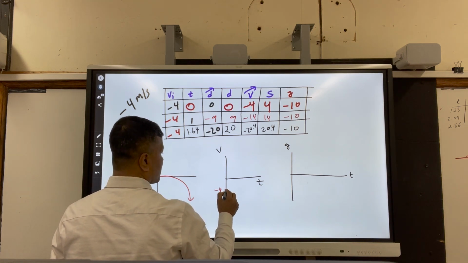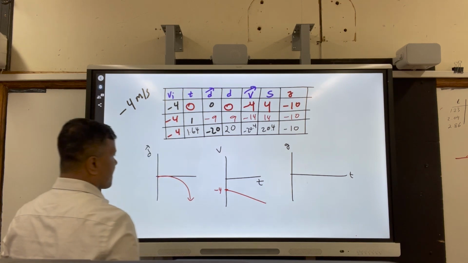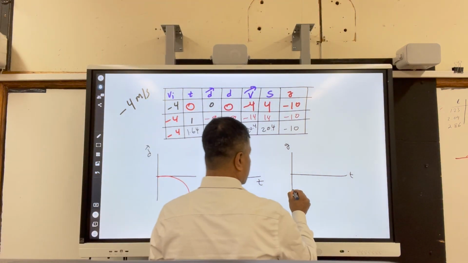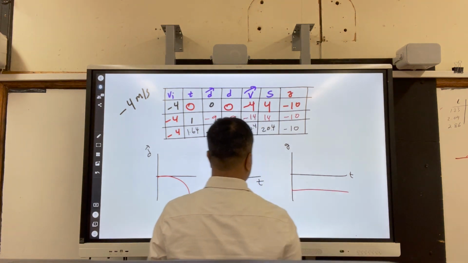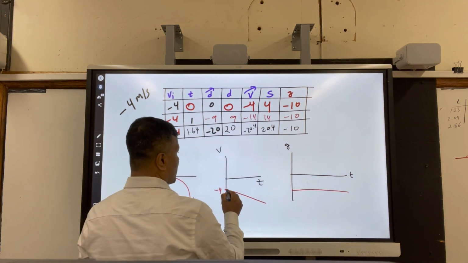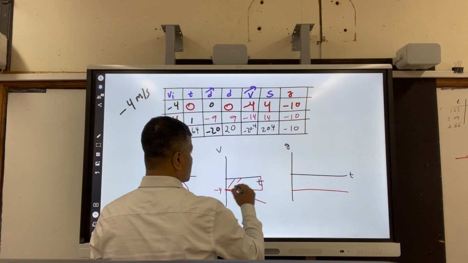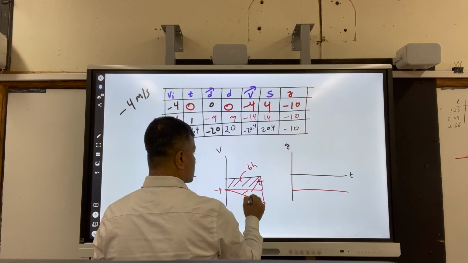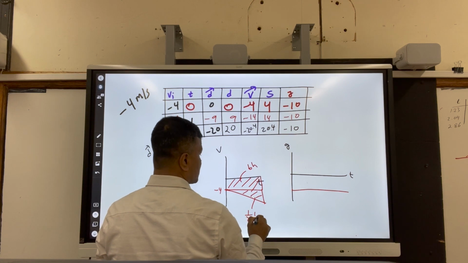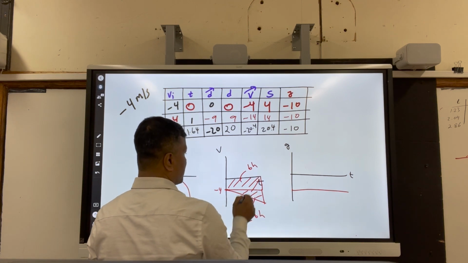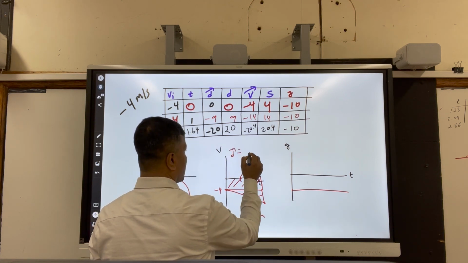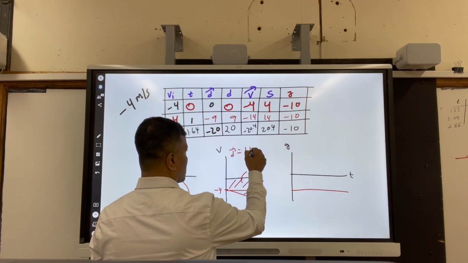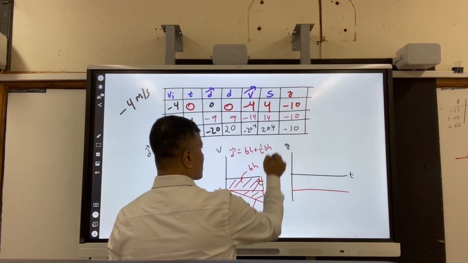You throw it down from here. And the acceleration versus time is just this. Now, to find the area under the curve, you have to use this. This is BH, and this is half BH. So the displacement for this one would be BH plus half BH.